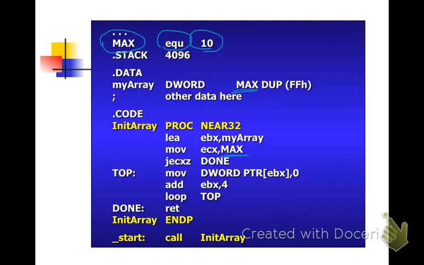Okay? Stack, I allocate my stack. I've got my data segment here. I've initialized my array to all -1s. Got to initialize it to something. So we've got all -1s there. And remember we said, it's got to follow a code directive.